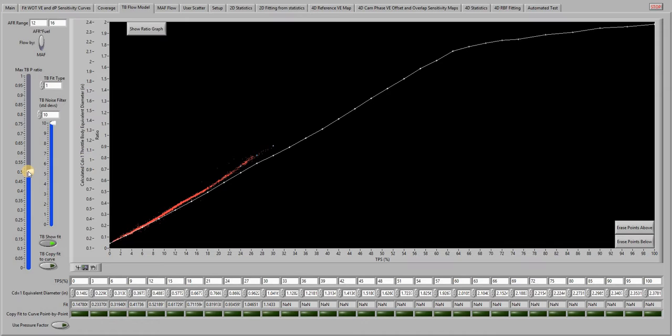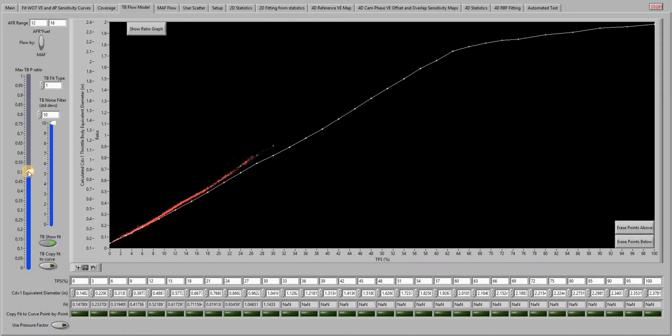Really the throttle body model doesn't even care about what the engine is doing. It could be a 305 small block Chevy, or it could be a rare Morrison engine or something. It doesn't care if the manifold pressure is low enough so that the flow is choked, or the throttle body pressure ratio is low enough.